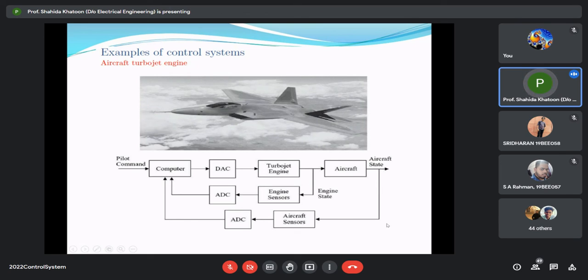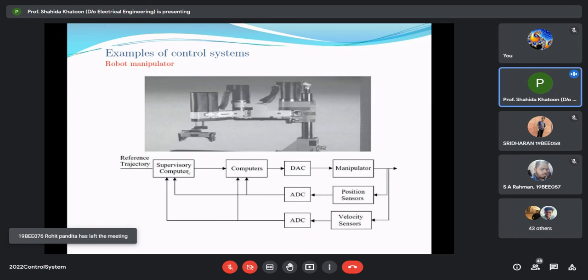And aircraft state is taken and it is measured through aircraft sensors. Again, ADC. And before this, if you want to take the output from the engine state, that also you can take and measure through an engine sensor and feed it to the computer. So this is how we design the controllers for aircraft, airships, etc.